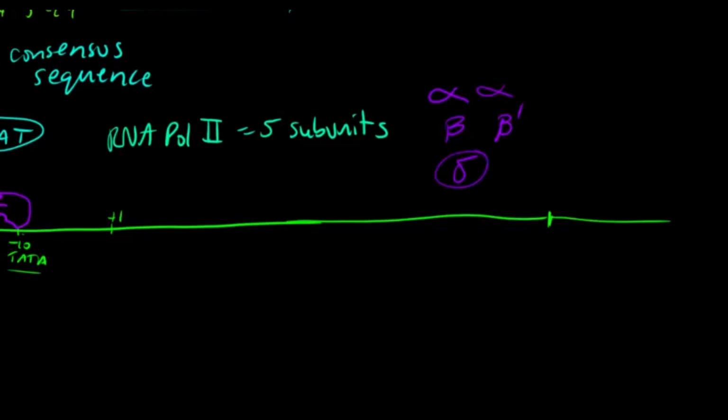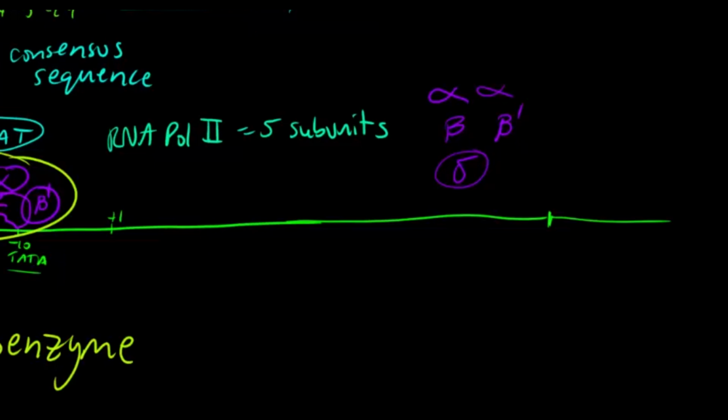This first one, the sigma subunit, will bind, and then once that's attached, the other subunits will attach, and this entire structure, RNA polymerase 2, is otherwise known as the holoenzyme.